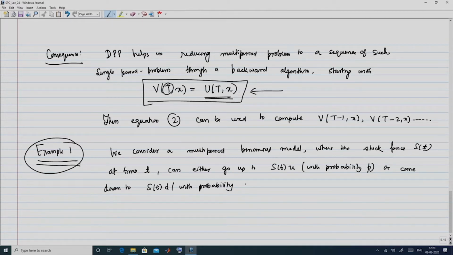So, this will happen with probability q, which of course is 1 minus p, and these values S t times u or S t times d are attained at time t plus 1.